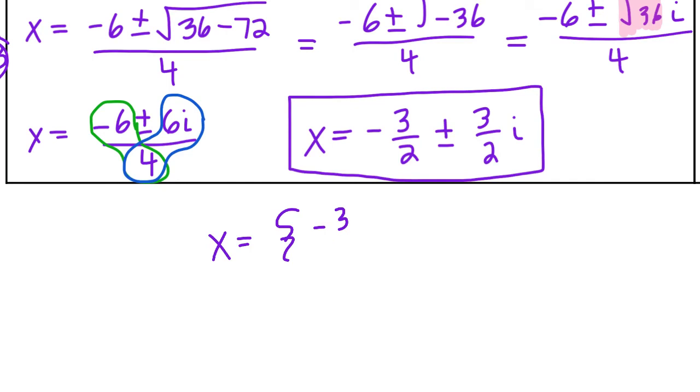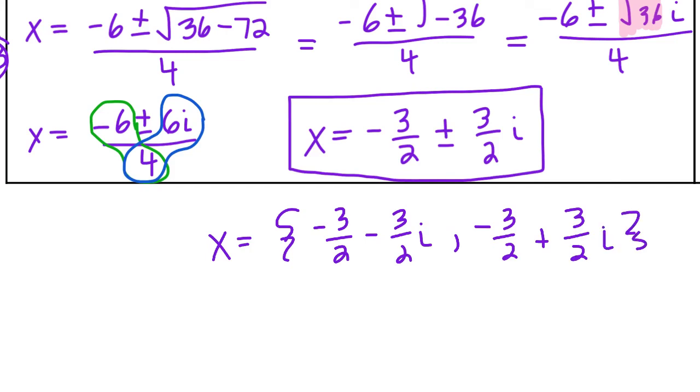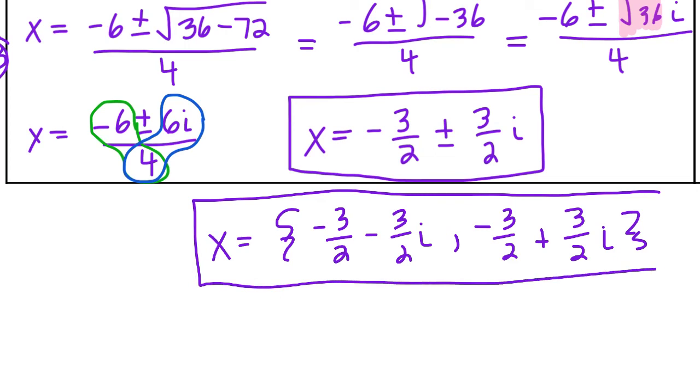So negative 3 over 2 minus 3 over 2i, and then negative 3 over 2 plus 3 over 2i. Either way is correct.